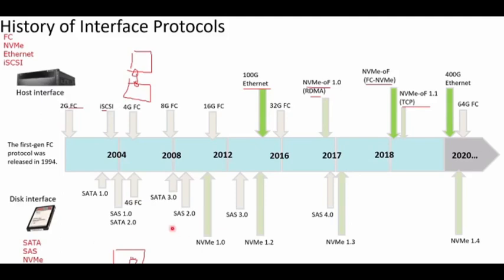Okay. I'm sorry, Prophet. Can I ask a question? Go ahead. For the host protocol, so far, which one is the fastest one? For host or for disk? For host. For host, currently the fastest would be Ethernet, the 400 gigabit Ethernet. But the technology is too expensive. So NVMe is currently the leading one.